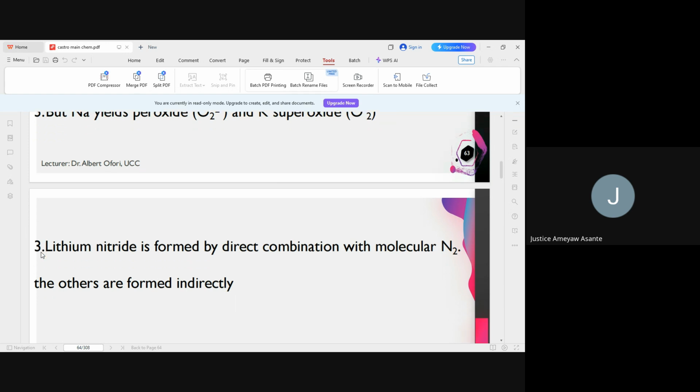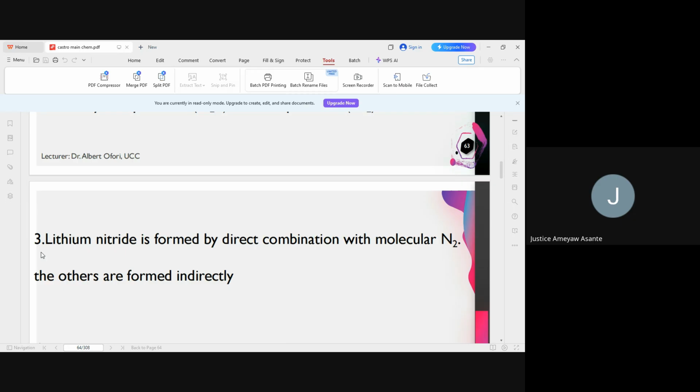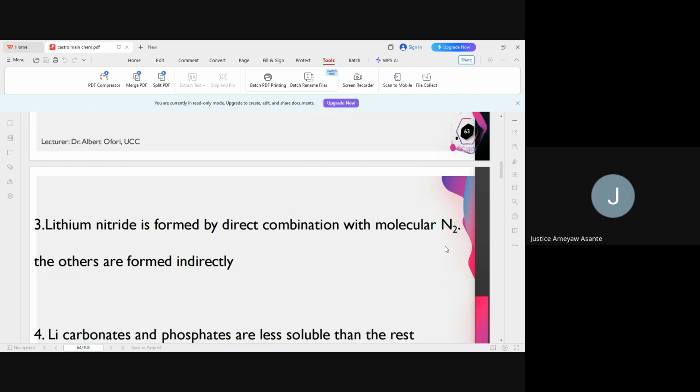Another one that makes lithium different from other elements is lithium nitride, which is formed by direct combination with molecular nitrogen. Other members cannot form sodium nitride or potassium nitride by direct combination with nitrogen molecule, but lithium can do that.